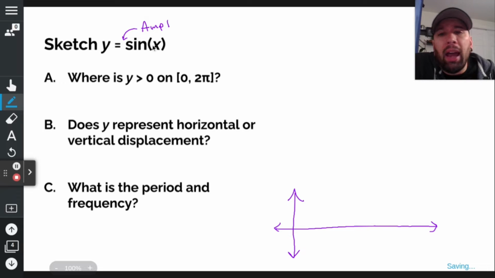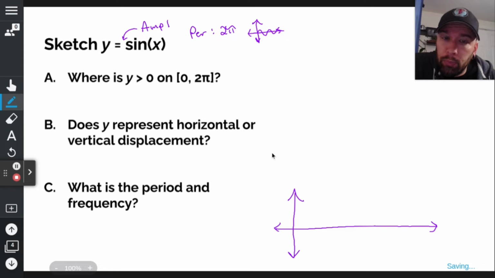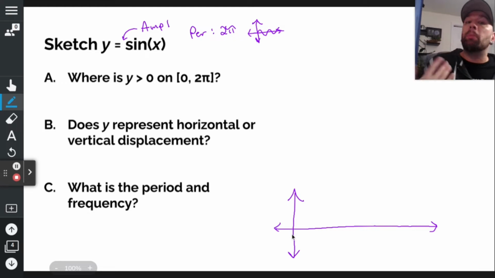This has no number in front of x, so the period is 2 pi. And I know sine, in general, starts out at 0, 0, and goes like that. Those are basically the only facts I need to make a pretty decent graph.